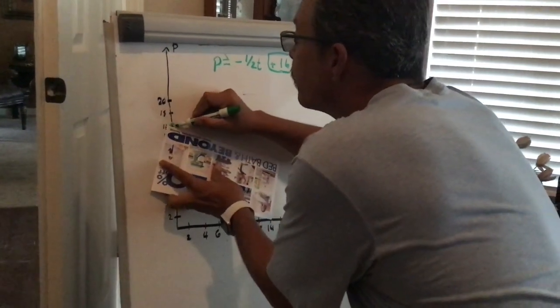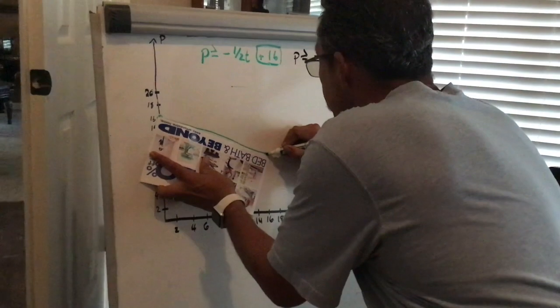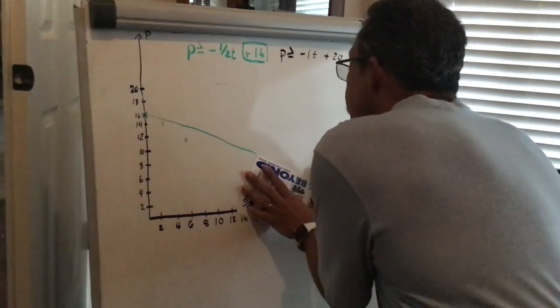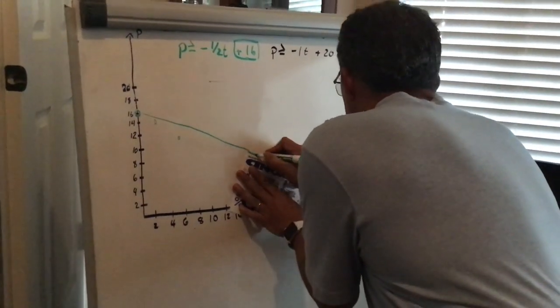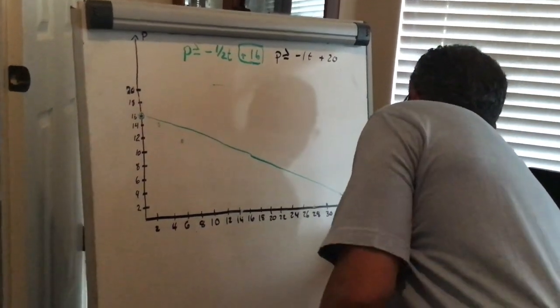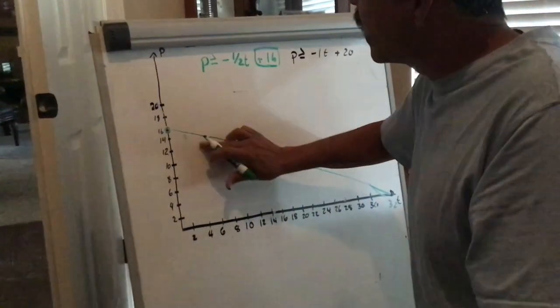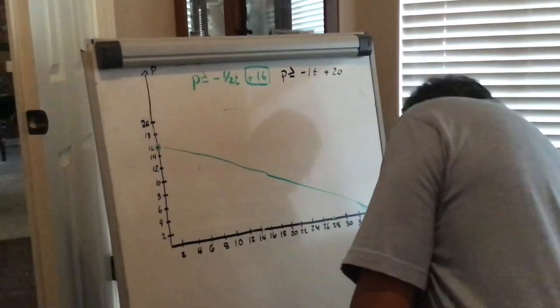Goes from here to here at 32. Now, since it's less than or equal to, I would shade below the line.